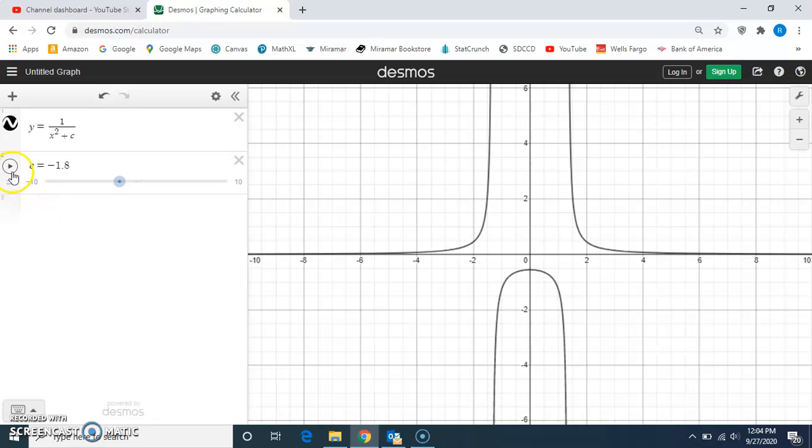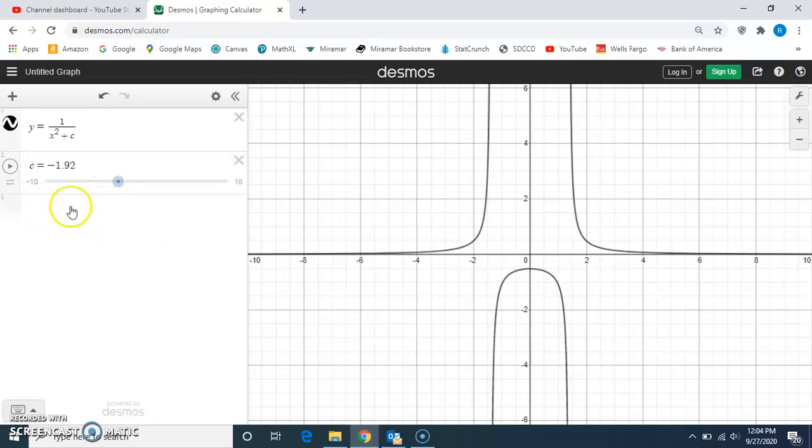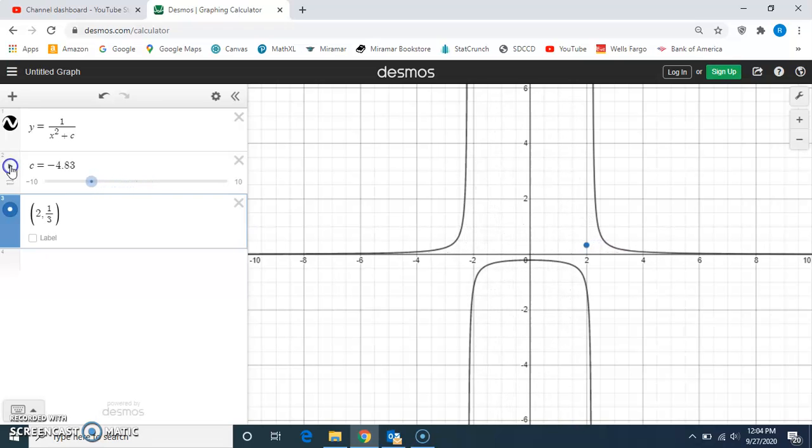Okay. So what was special about our question? Our question said, out of all of these functions that it's running through, for these different values of c, which one passes through the point (2, 1/3)? We can see (2, 1/3) right there, and there's only one function that's going to pass through that point, and it happens to be what we solved, where c equals -1.